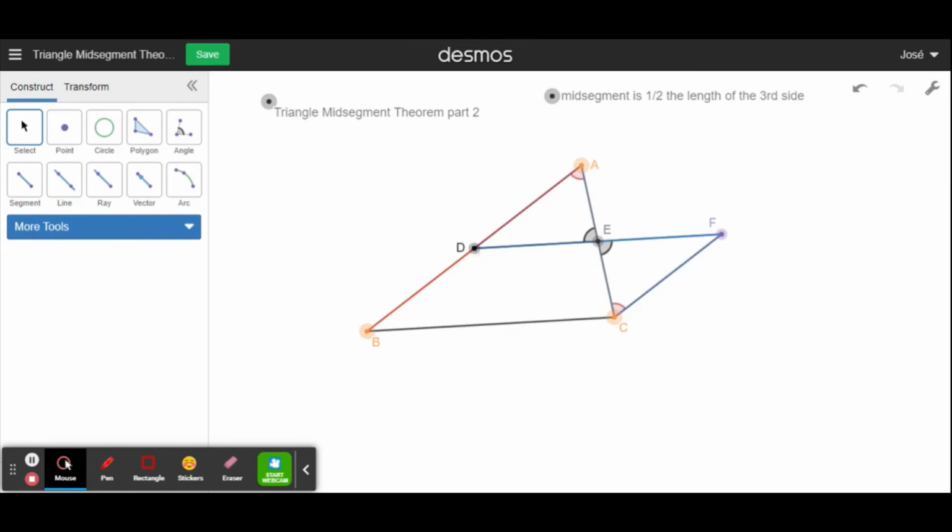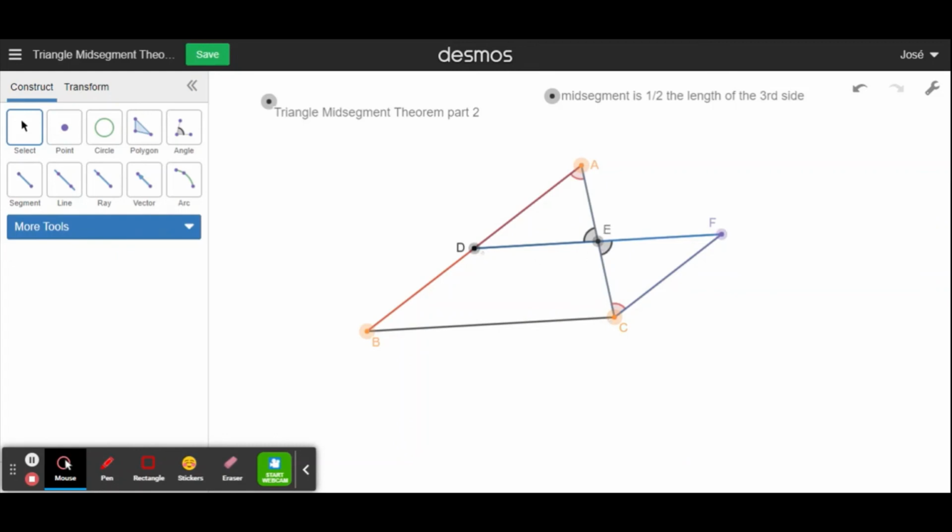And what we want to prove is that segment DE, the midsegment, is half the length of segment BC. So we have the parallelogram, which means that segment DF is congruent to segment BC.